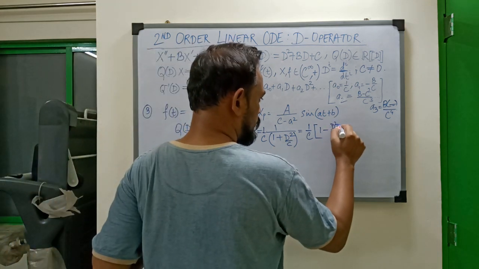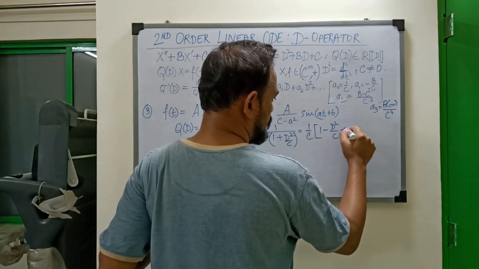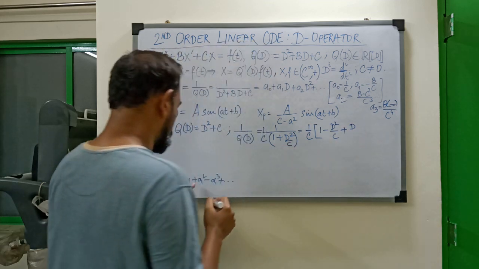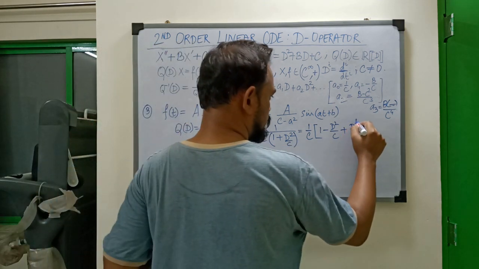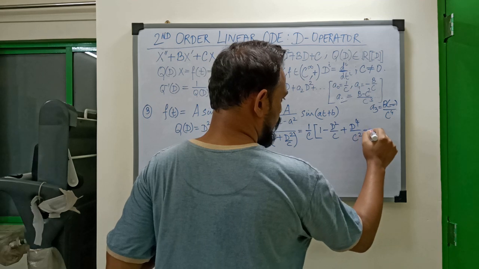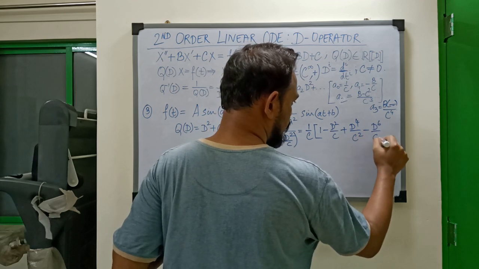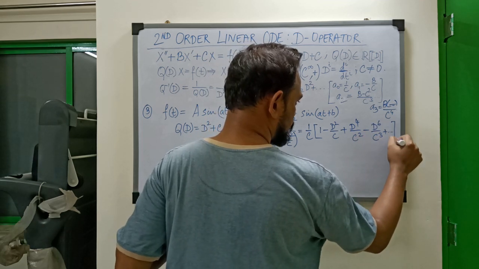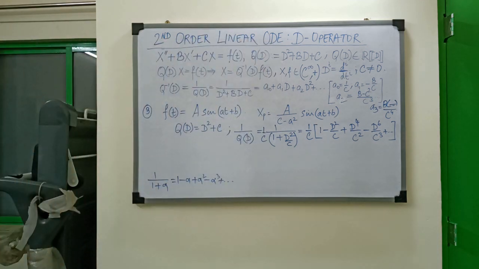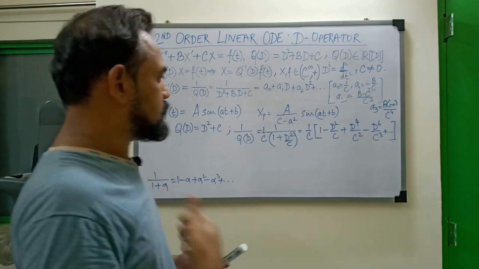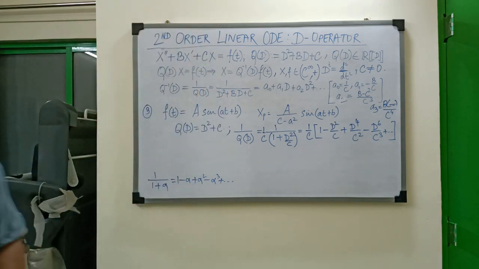So you're going to get 1 minus d square by c plus d to the 4 by c square minus d to the 6 by c cube plus, like that.